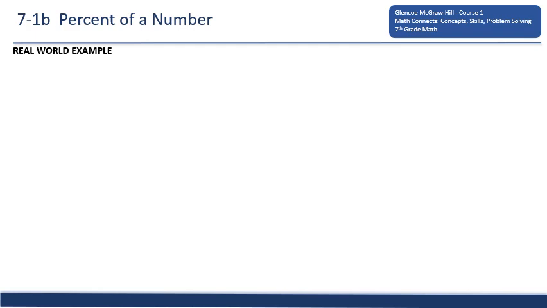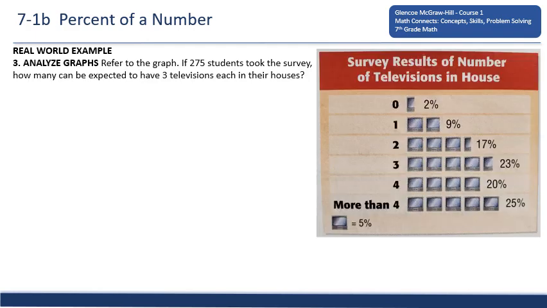Real world example. Analyze graphs. Refer to the graph. If 275 students took the survey, how many can be expected to have 3 televisions each in their house? So if we look at 3, it has 23%. To find 23% of 275, write the percent as a decimal, then multiply.